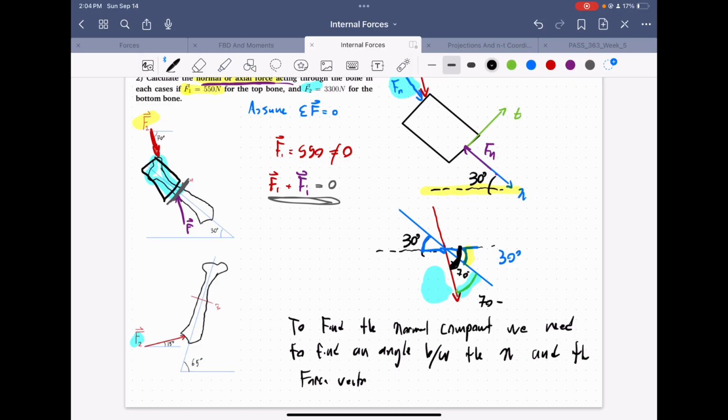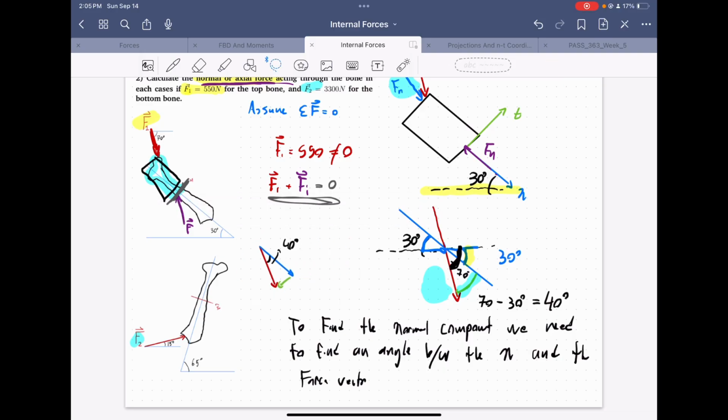So 70 minus 30, which is going to give us 40 degrees. So we now know we can draw this here where we have this force and we have the normal and we have our right triangle where this is 40 degrees.